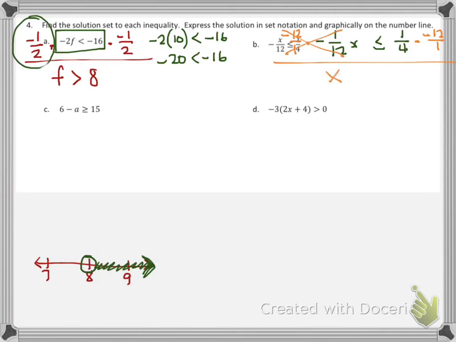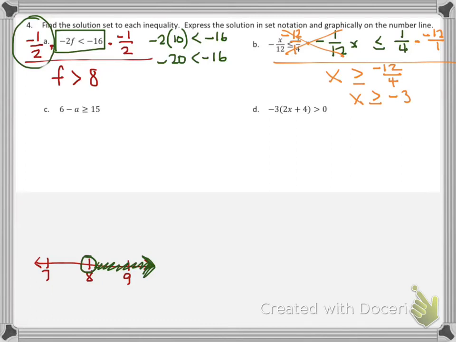And I have to remember, since I multiplied by a negative coefficient, I have to flip my inequality symbol. And then I can continue to simplify. 1 times negative 12 is a negative 12 over 4, which is a negative 3. So x is greater than or equal to a negative 3.